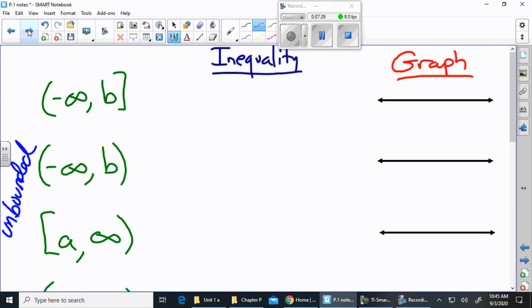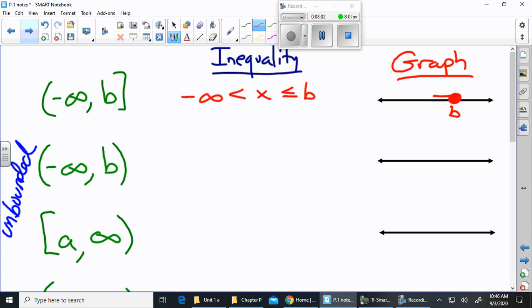So then unbounded, these are unbounded because now you have infinity. Well, if it's from negative infinity to B, that means the smallest is negative infinity. It doesn't include negative infinity because you can't equal to it, and it goes to B. Now on a graph, what would that be?